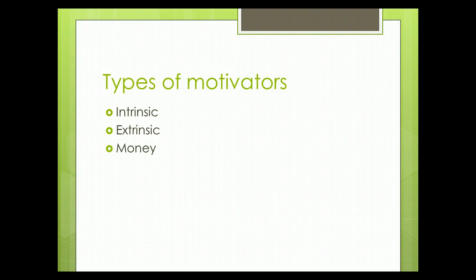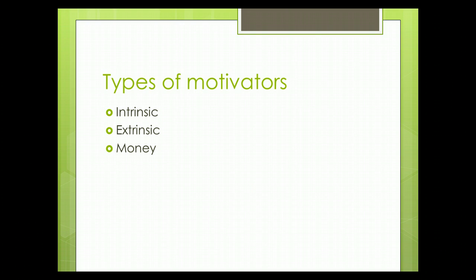So then by contrast, extrinsic motivators are external influences that cause a person to act. Extrinsic motivators might include rewards and punishments that are put upon the person. So things that come from outside of me that are provided by the company, which might be stock options.